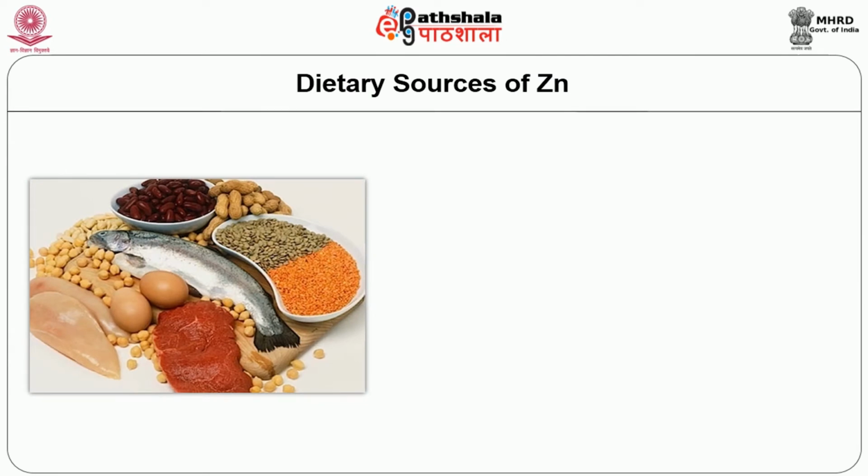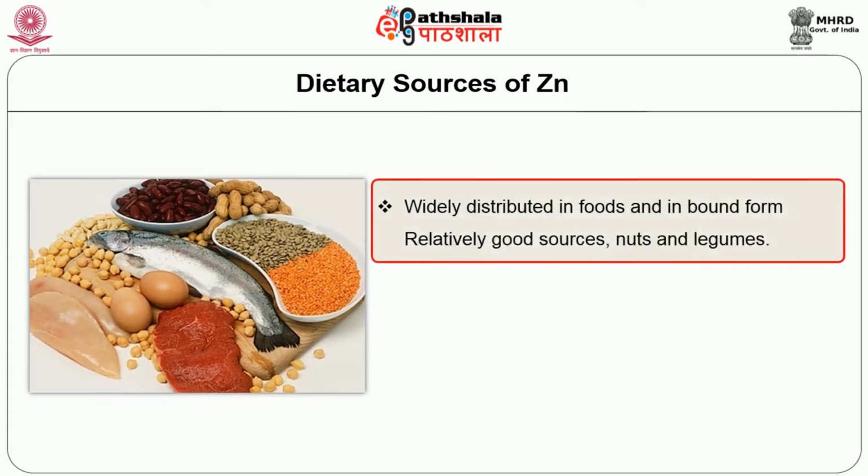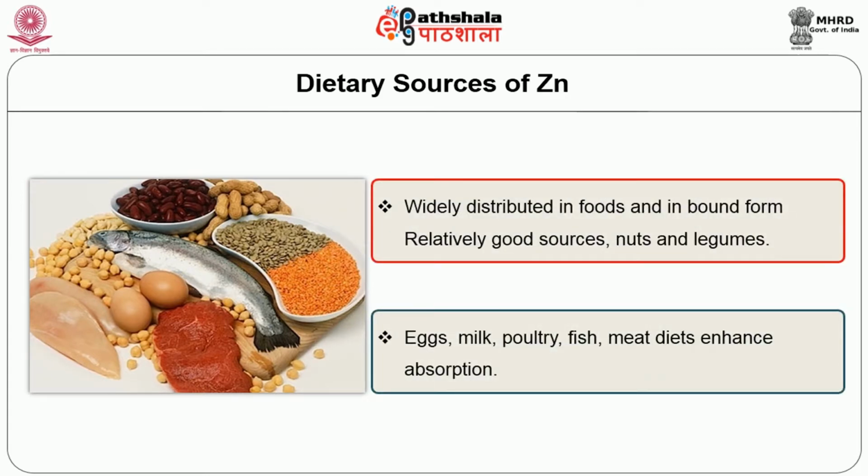Now, what are the richest sources of zinc? As I showed you earlier, about 7 to 10 milligrams of zinc you need every day from diet. The richest source is actually foods like fish, meat, and also other fresh foods, which are rich sources of zinc. In addition to that, milk has a good amount.